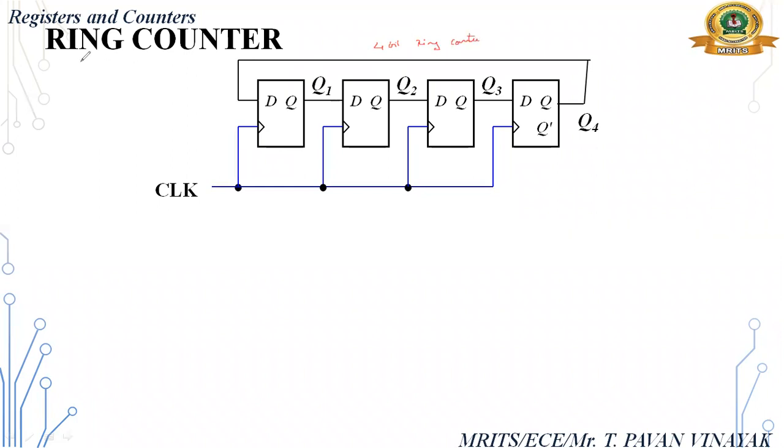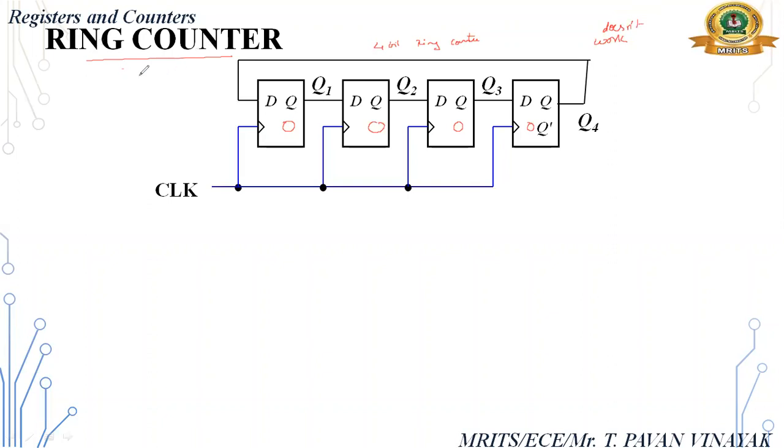The disadvantage of this 4-bit ring counter is that whenever the outputs of all flip-flops are 0, it doesn't work. This is the disadvantage of the ring counter.